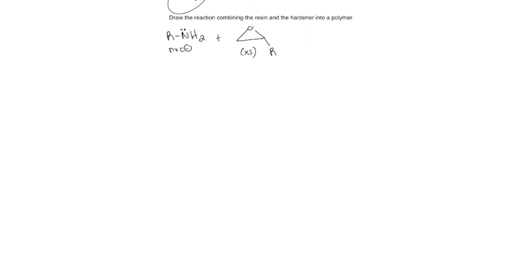Our nucleophile would attack and open it. What does that look like? We get the hardener, which has attached itself onto one end of the epoxide, and our epoxide has a dangling oxyanion.